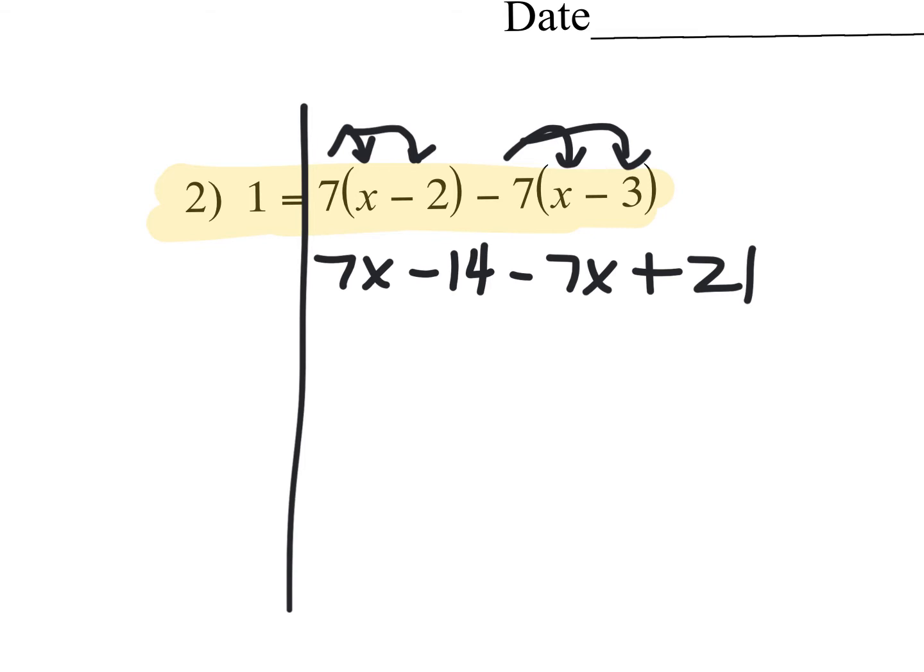Now looking at the right-hand side of the equal sign, you've got some like terms that you can combine because you have x's that are on the same side. If you have 7 x's and you take away 7 x's, what do you have left? 0. You've got 0 x's, but you don't even need to write that down.